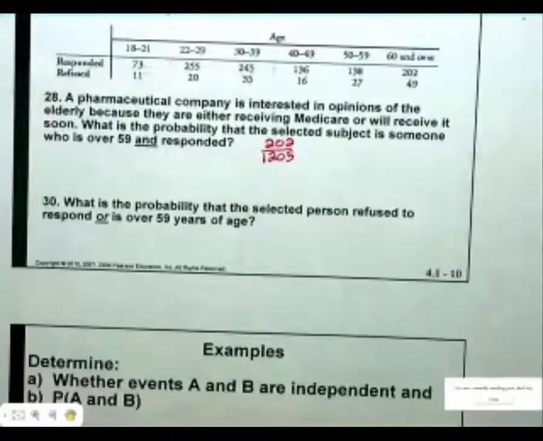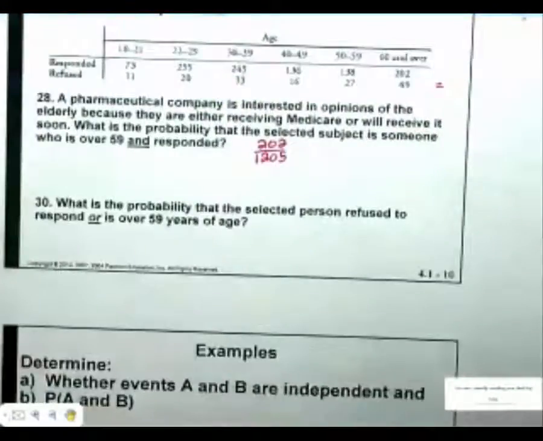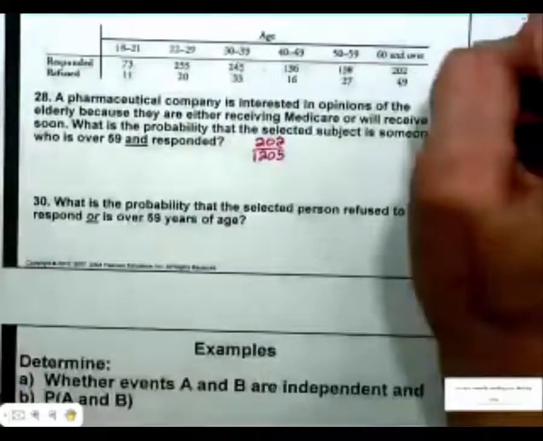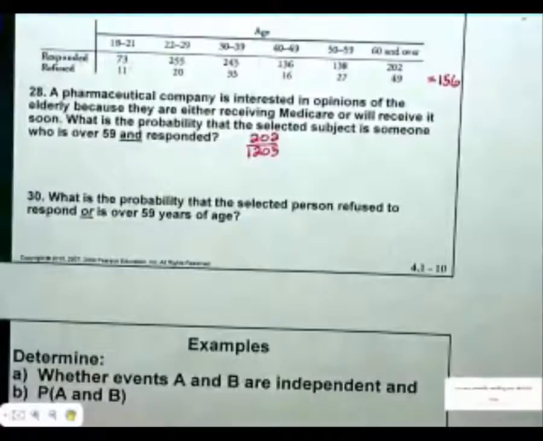So I need to add those up real quickly. Is anybody ahead of me and already done that? You are helping me so much. Thank you. All right. So 156 refused to respond. How many were over 59? Still right answer to the wrong question.